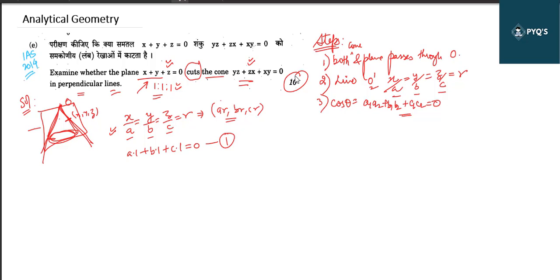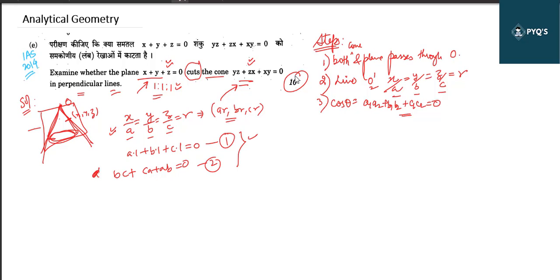So I'll put it in the equation, and I'll get bc plus ca plus ab equals to 0. So I've got these two equations.